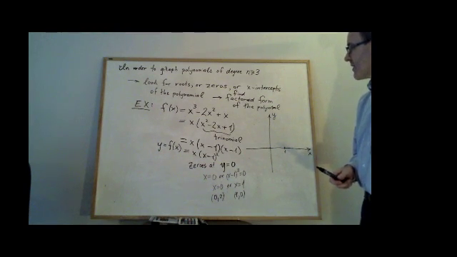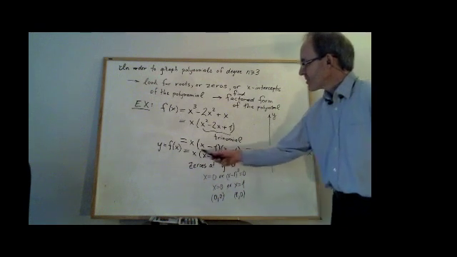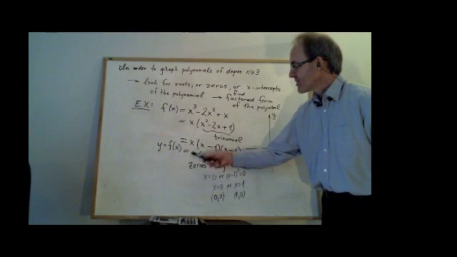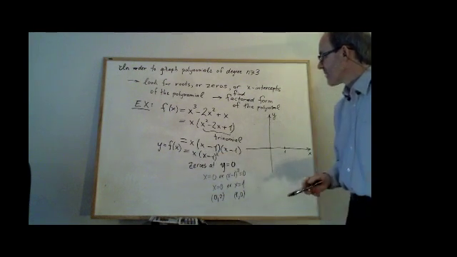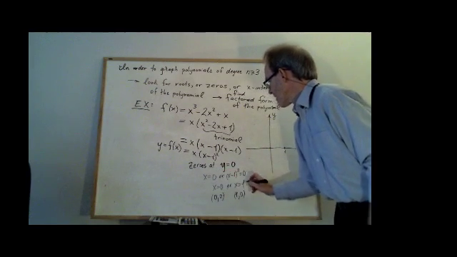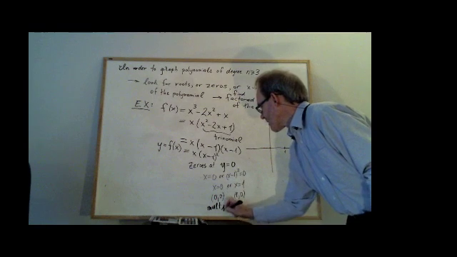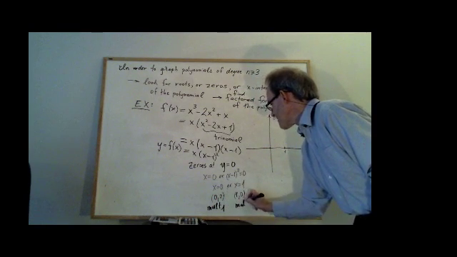Okay, so this works especially if I have a single root factor like this. So this means that there's a root of multiplicity 1 at x equals 0. Okay, this has multiplicity 1, and this has multiplicity 2.